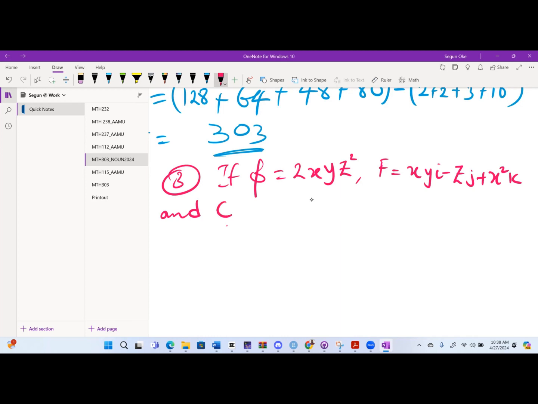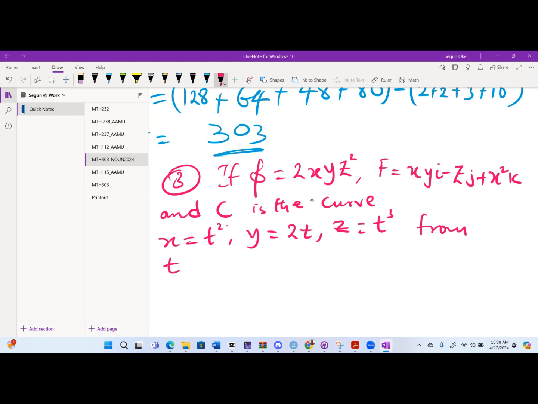And C is the curve x equals t squared, y equals 2t, and z equals t cubed from t equals 0 to t equals 1.